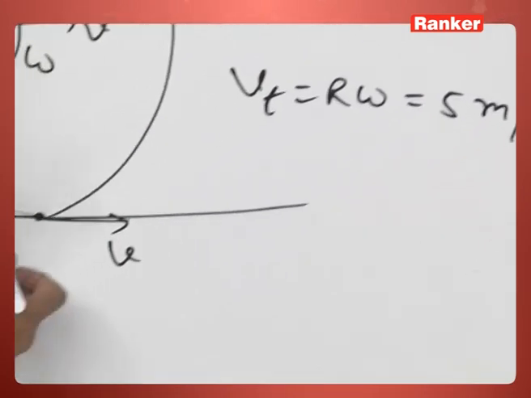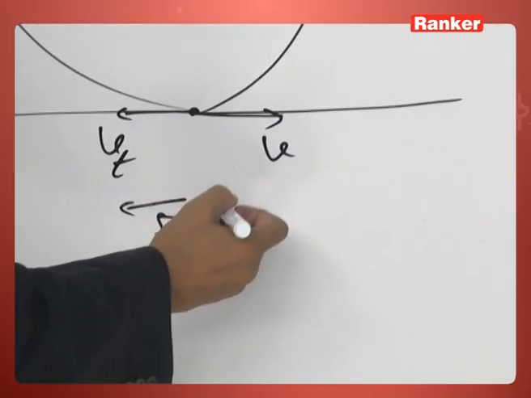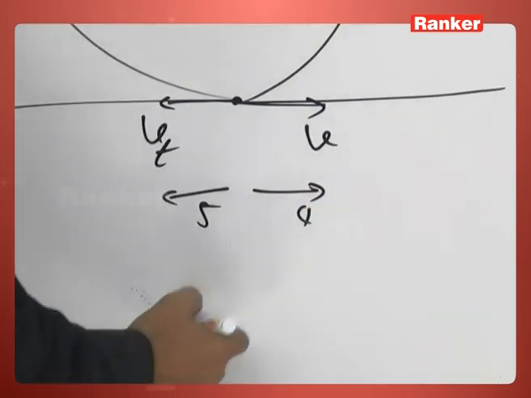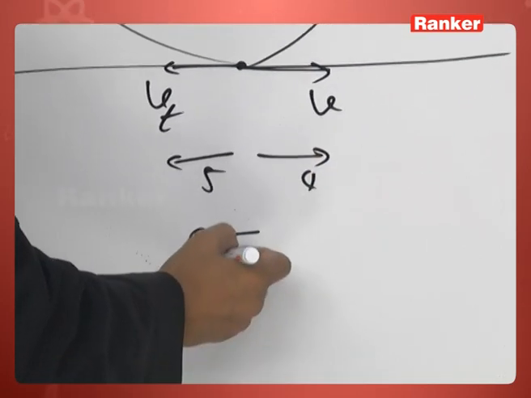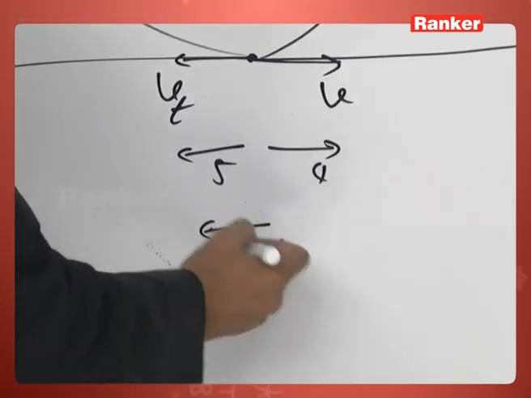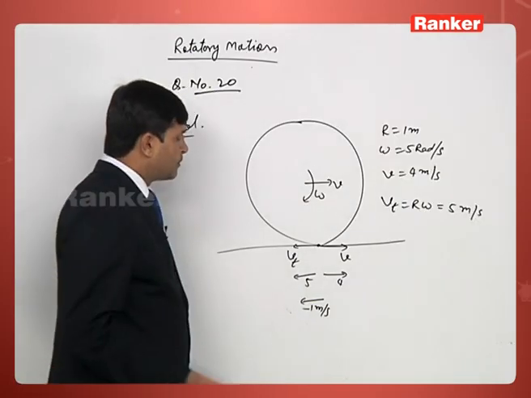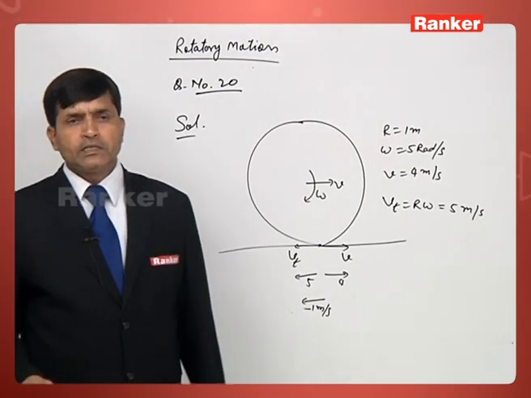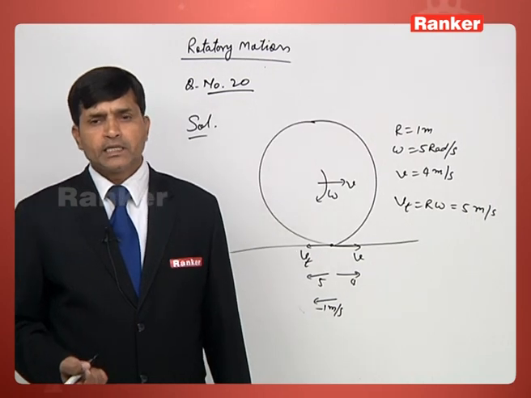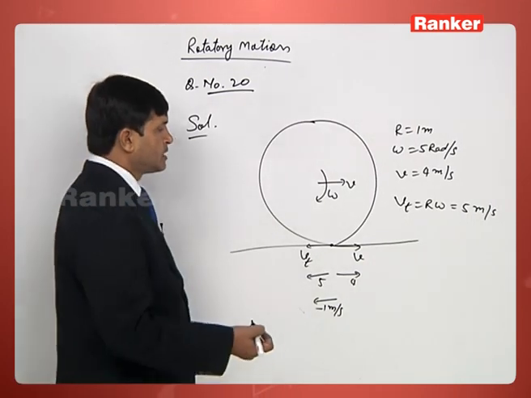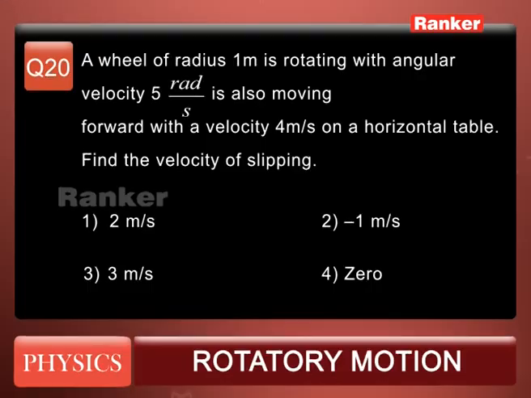So this is 5 here, this is 4. The net velocity in this side is 1 meter per second, and this is opposite to the forward motion. So this will be minus 1 meter per second. So the correct answer is option number 2, minus 1 meter per second.